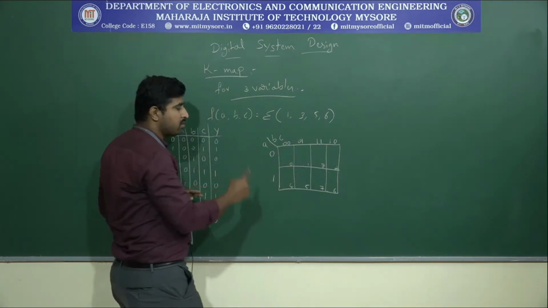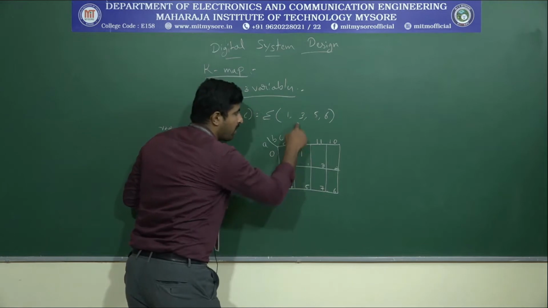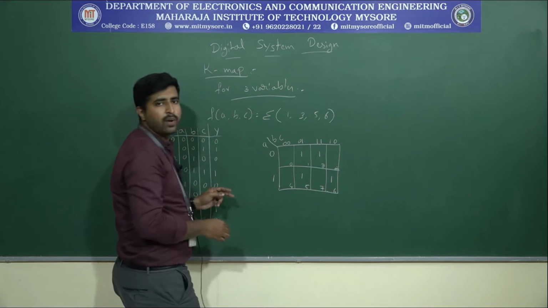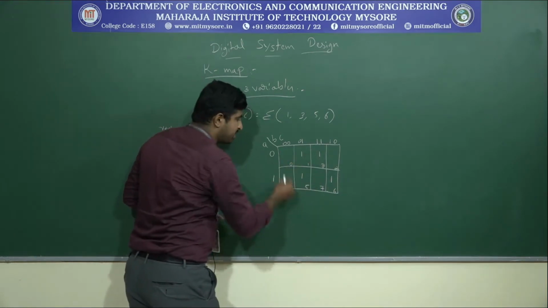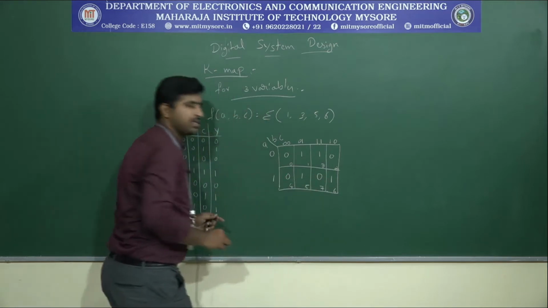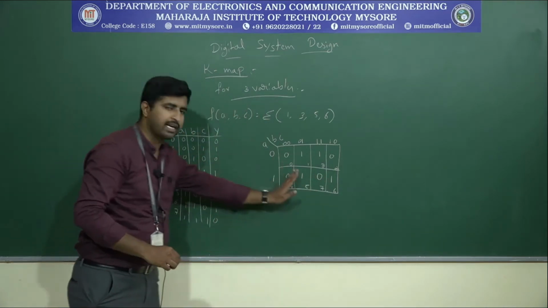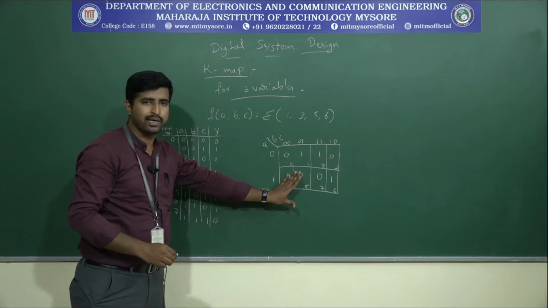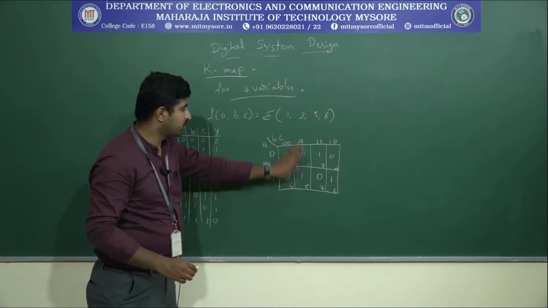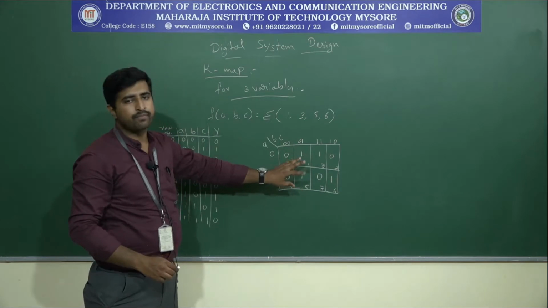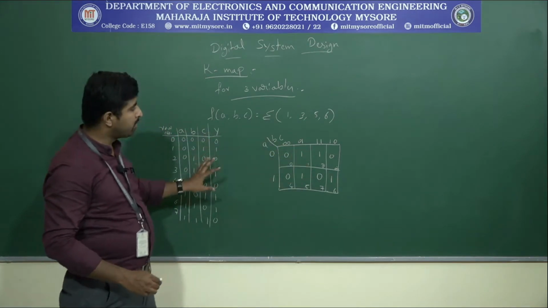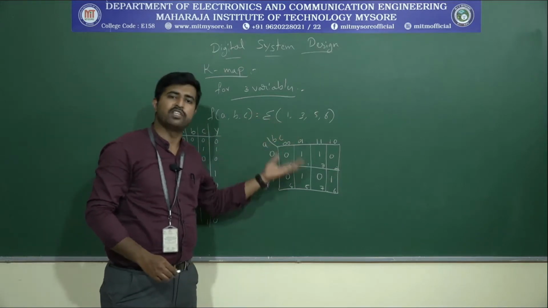That means those cell values will be 1, and for the remaining cells it will be 0. So from the truth table we can directly write this, or even from the equation we can directly write it. This is how we construct a truth table and a K-map from the truth table or directly from the equation.